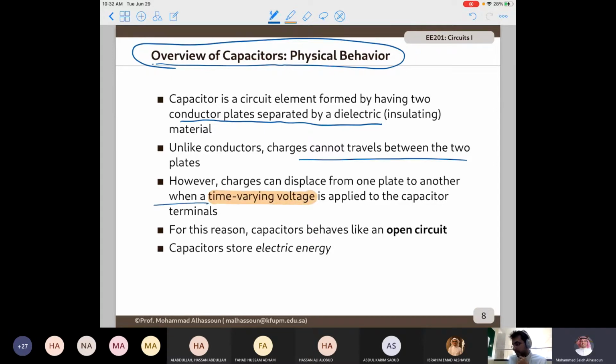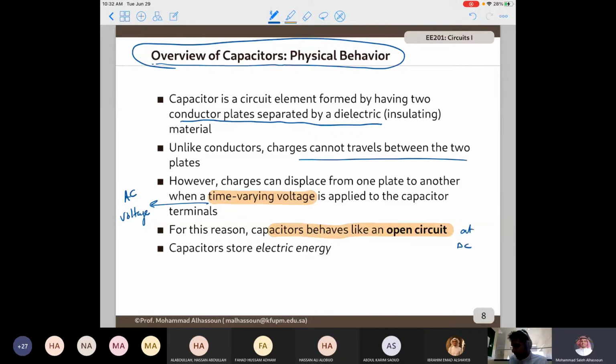It means an AC voltage. You notice here, we will have a current if we have a time varying voltage. If we don't have a time varying voltage, then we have plates with an insulator between them. So this means that capacitors behave like an open circuit at DC.